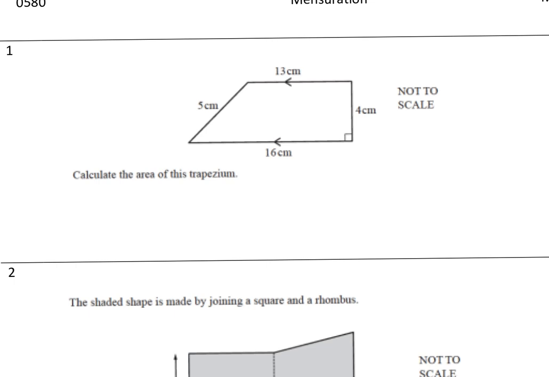Now we can practice this rule. We have a trapezoid. We need to find the area of this trapezium or trapezoid. How to find the area of a trapezium? You have the two parallel bases and the height between them. Half times A plus B times height. So half times 13 plus 16, times height, so times 4.